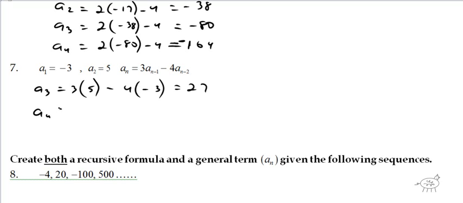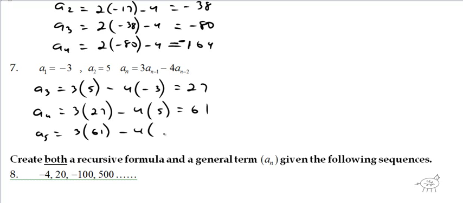So a sub 4 is 3 times the one before it, which is 27, minus 4 times the one before that, which is the 5 there. So 3 times 27 minus 4 times 5 is 61. And then a sub 5 is 3 times the previous term, which is 61, minus 4 times the one before that, which is 27, and I get 75. Okay, not bad.